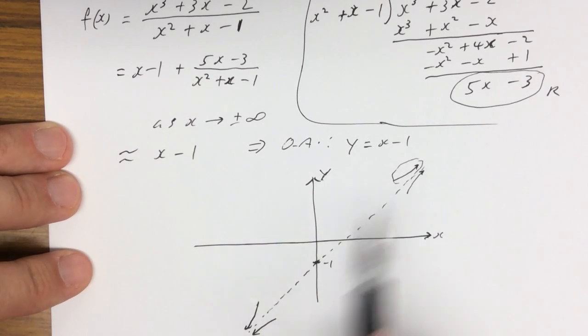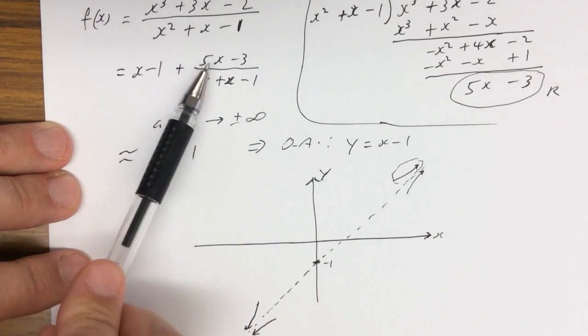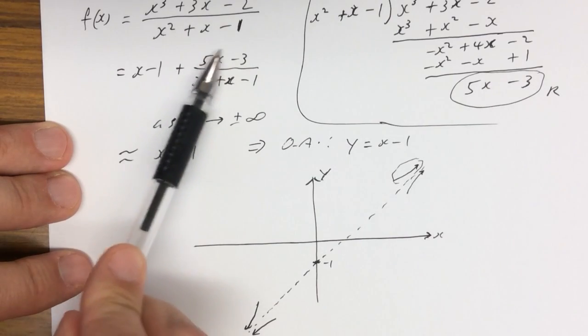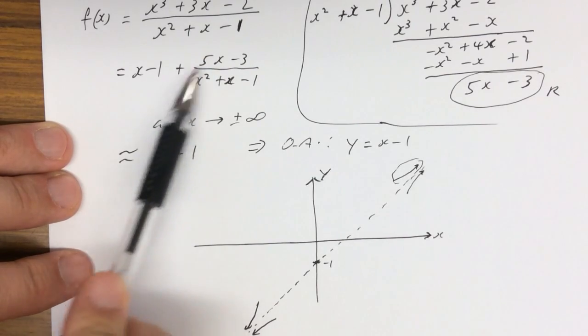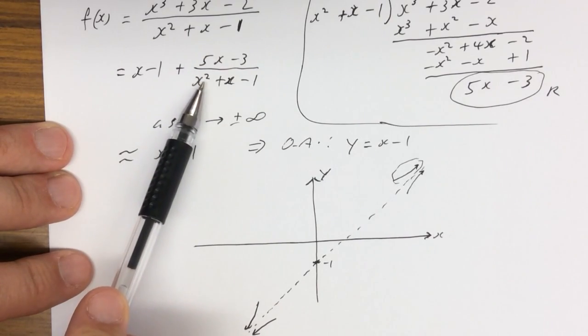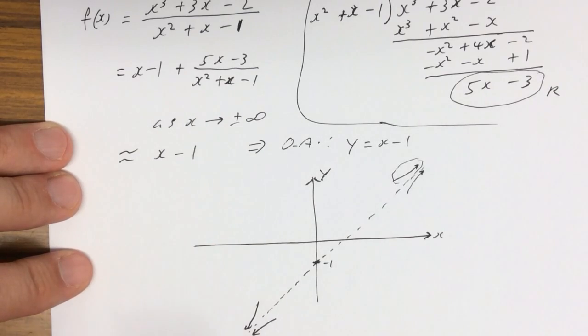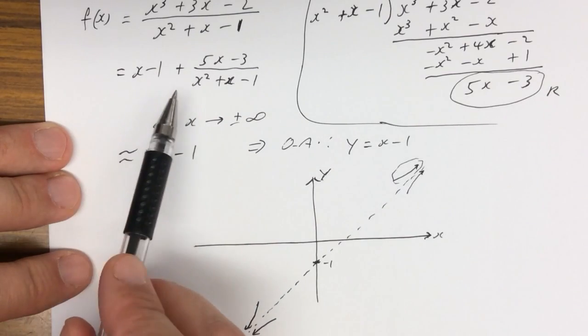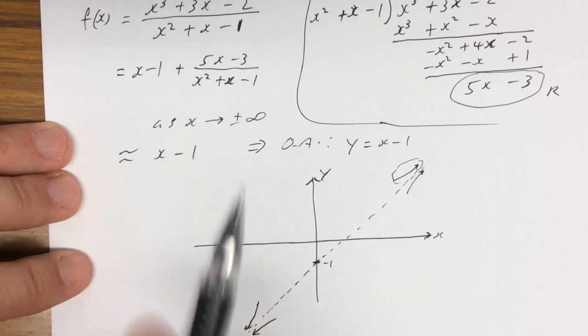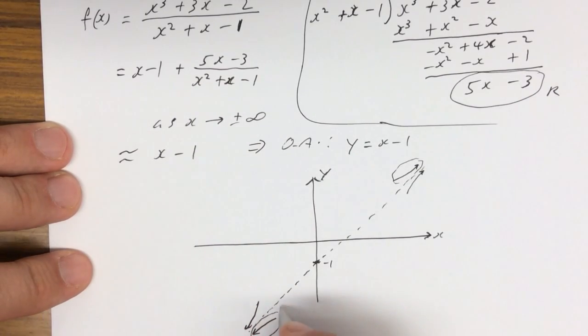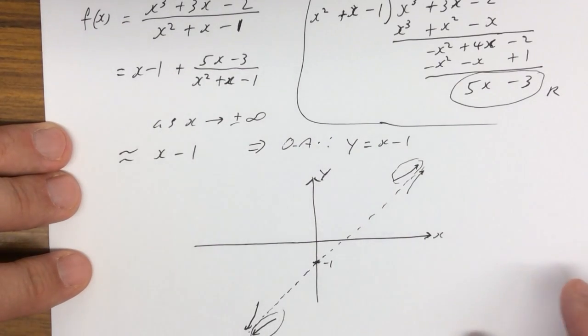And on the other side, when x is really large negative, the top is negative, and the bottom will be positive. Negative over a positive is going to be negative, so it's going to be x minus 1 plus a little negative, which is going to be below. So this is what's going to happen over here. So you can use the remainder to determine whether it approaches from the top or the bottom.